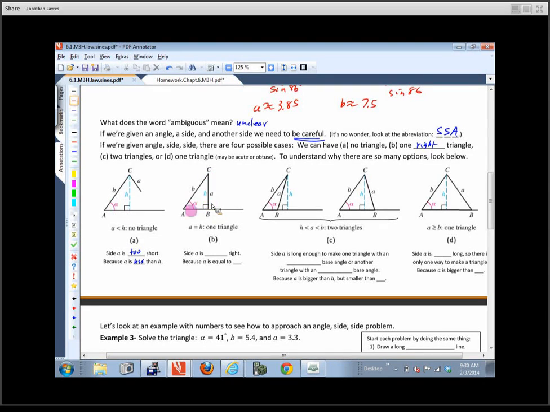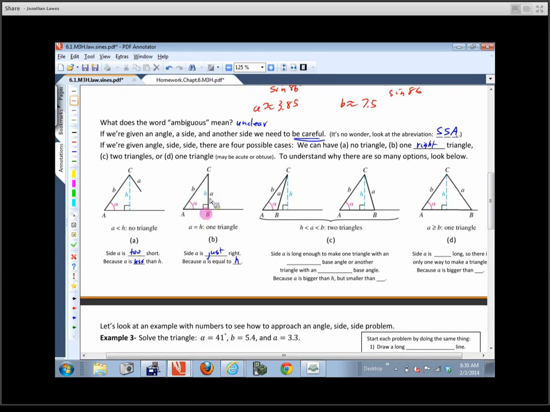You'll notice on this one right here, again, this angle is fixed, this side is fixed, and this side A right now is exactly long enough. Okay? So A is just right. And the reason it's just right is A is exactly equal to that height that we're going to find. So no triangle if it's too short.